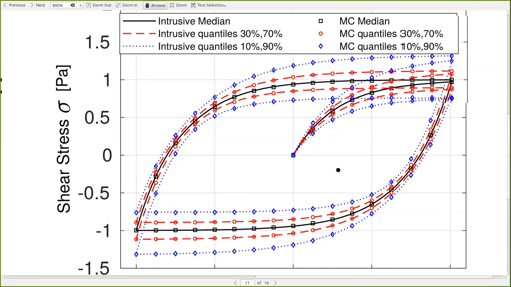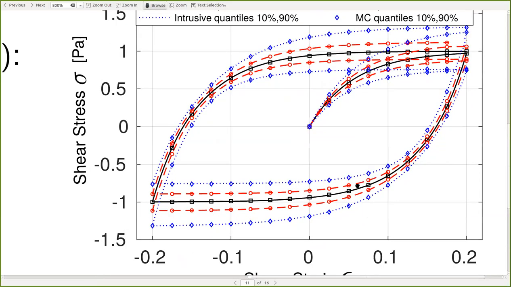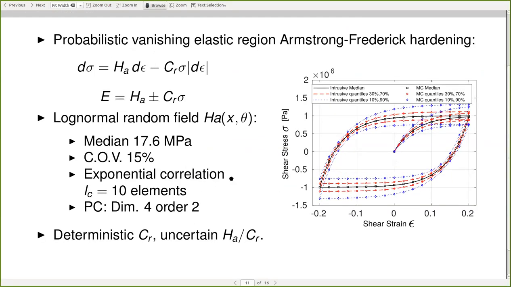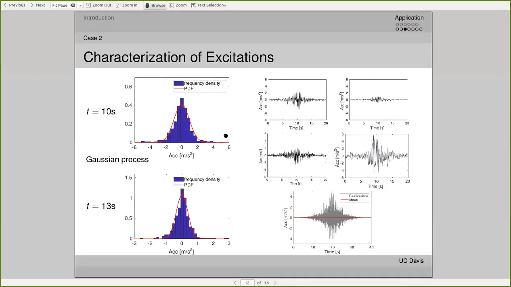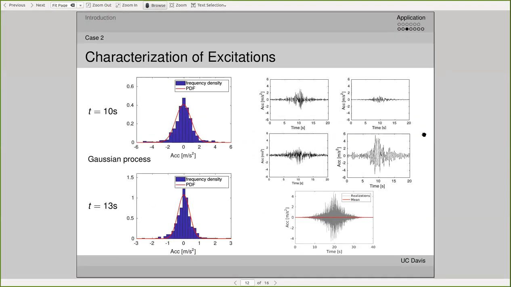So this is our probabilistic characterization of the stiffness term. Then we also need to characterize our uncertain input random excitations. For a specific site, we can figure out what the possible motions are. In this case, we have been considering maybe around 500 realizations of the possible motions.